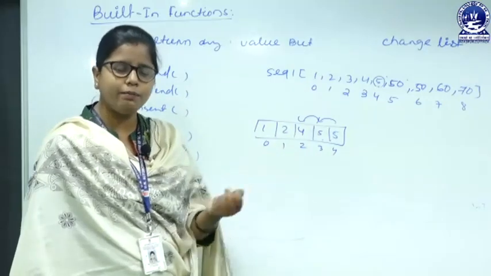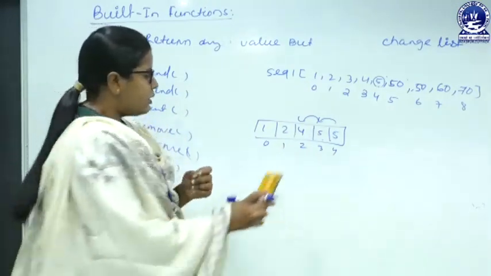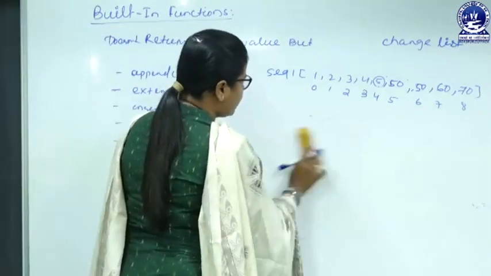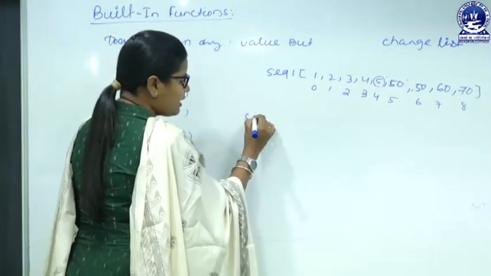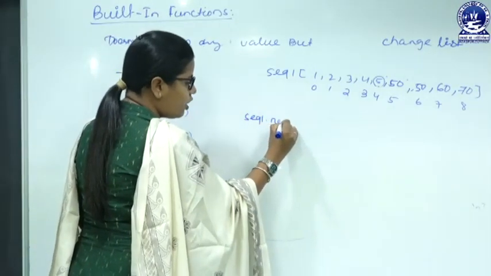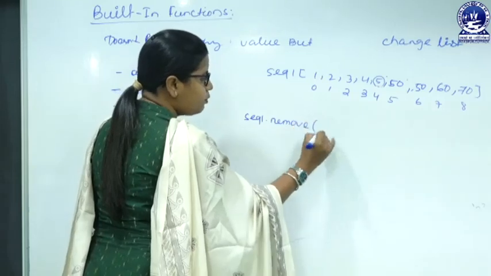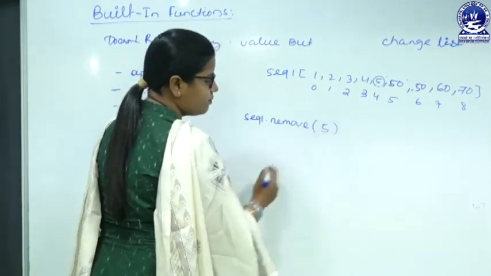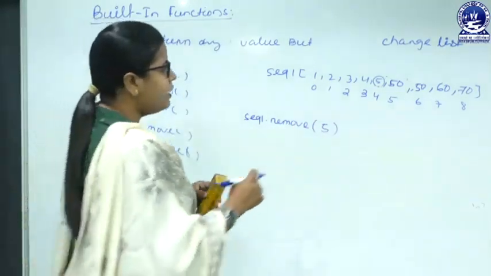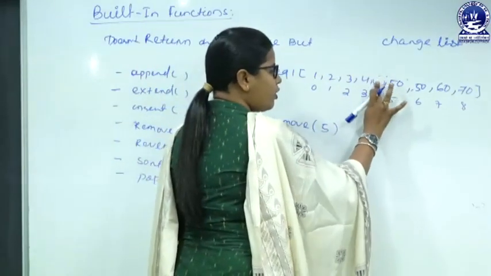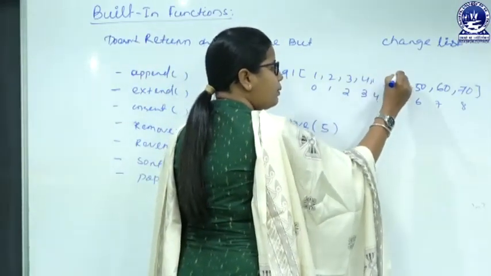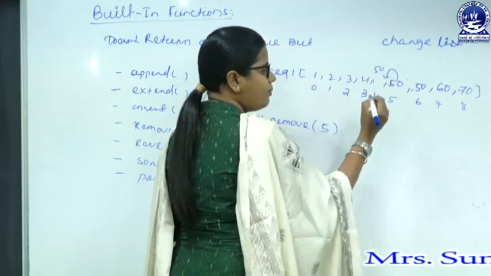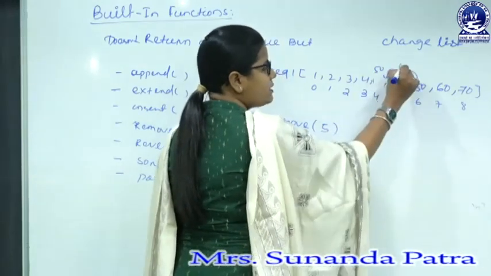So, how to remove an element? For that we have the remove function. The syntax is the same, sequence1.remove. Suppose I want to remove 5. What will happen? 5 will get removed from here, then 50 will be shifted to here. This 50 will be shifted here.